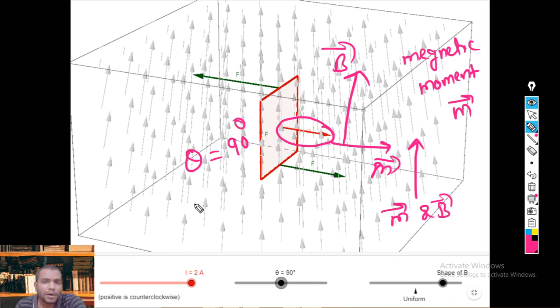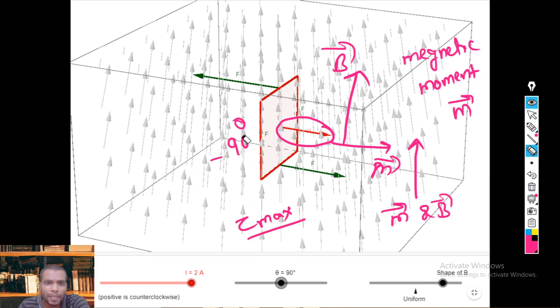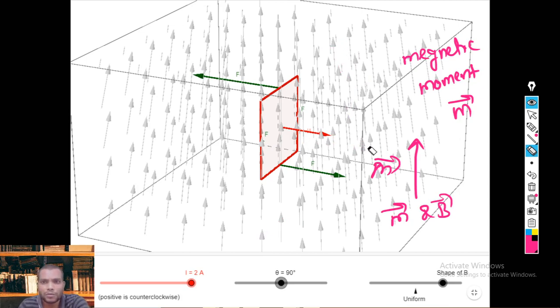If m bar is perpendicular to b bar, then the torque tau equals m b, which is maximum. In shortcut we can say tau is maximum when m bar, the magnetic moment, is perpendicular to the magnetic field vector.